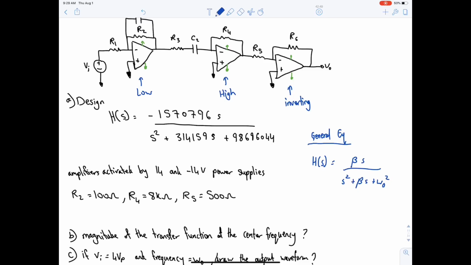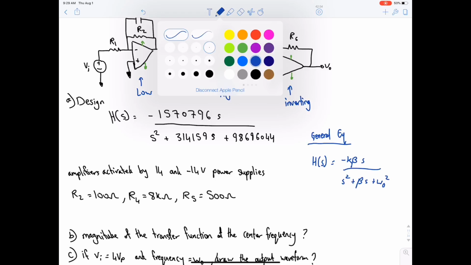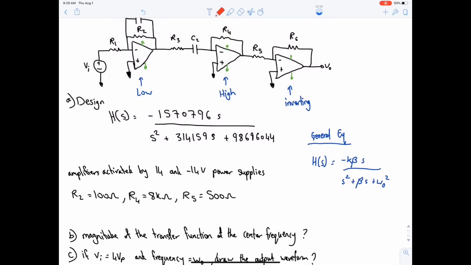So here, with the minus K, because it's active, here we have a minus number and then S. Minus K beta S. So this number is equivalent to K beta. What about this number? It's equivalent to beta. And what about this number? It's omega naught squared. That's how you begin analyzing the question.